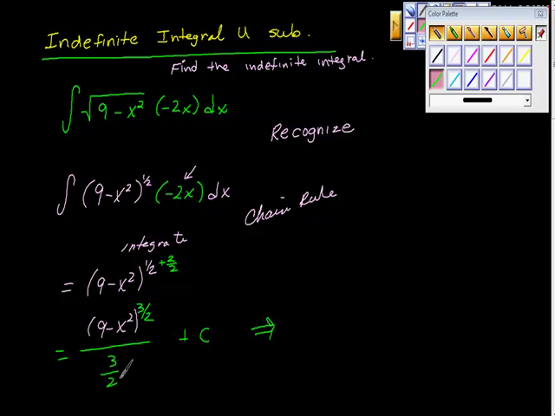Remember, this is a complex fraction, so I'm just going to bring this up this way. Here's the 2 right here, and just so we can see where it's coming from, here's the 3 right here. I'll bring this up as 2/3. So it comes up as 2 over 3. That's me undoing this bit of work down here, times 9 minus x squared to the 3/2 power plus c. So there's the indefinite integral of this.